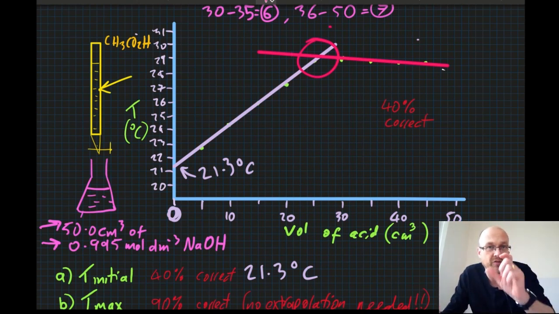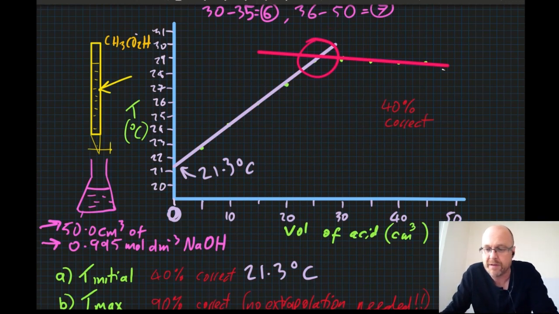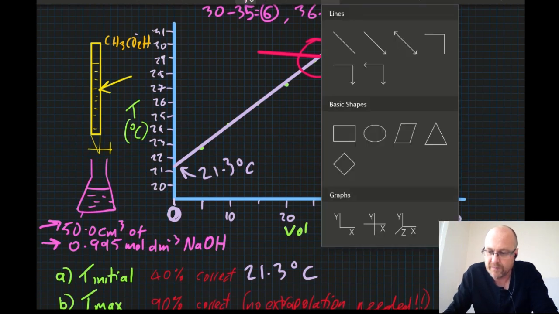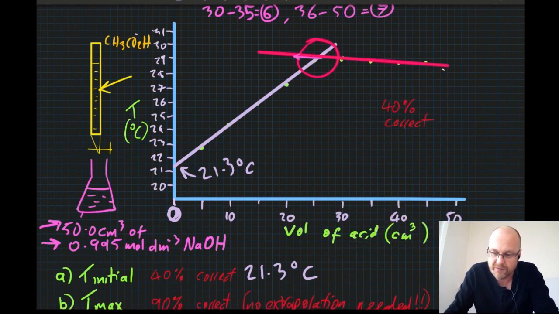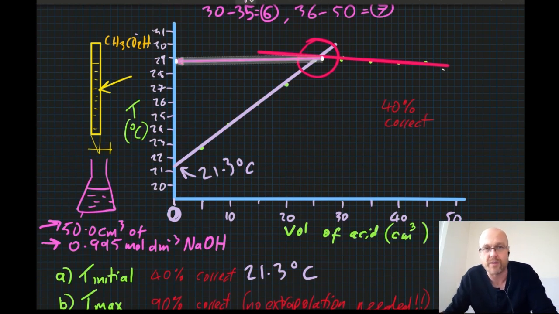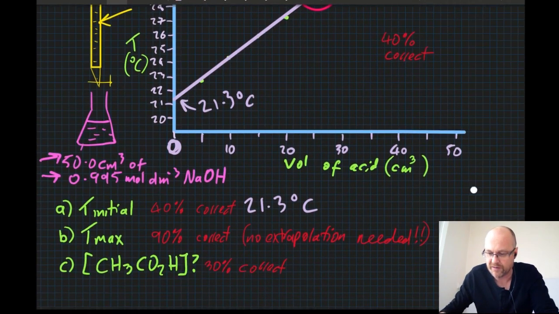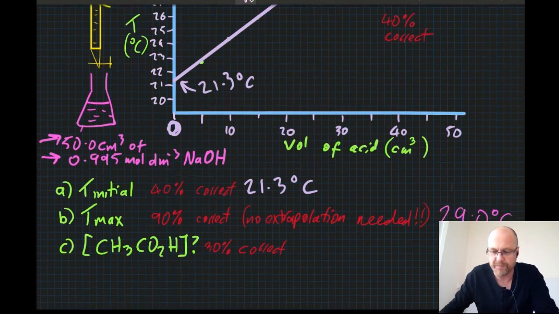The extrapolation was so small, the angle was so shallow of this graph, that the IB messed it up a bit there. Not to worry about that, things happen. So let me tell you that it comes out at about 29 degrees centigrade is the final temperature. Oh, hear that rain outside. So 29 degrees centigrade. Sticking with 1 decimal place like before.